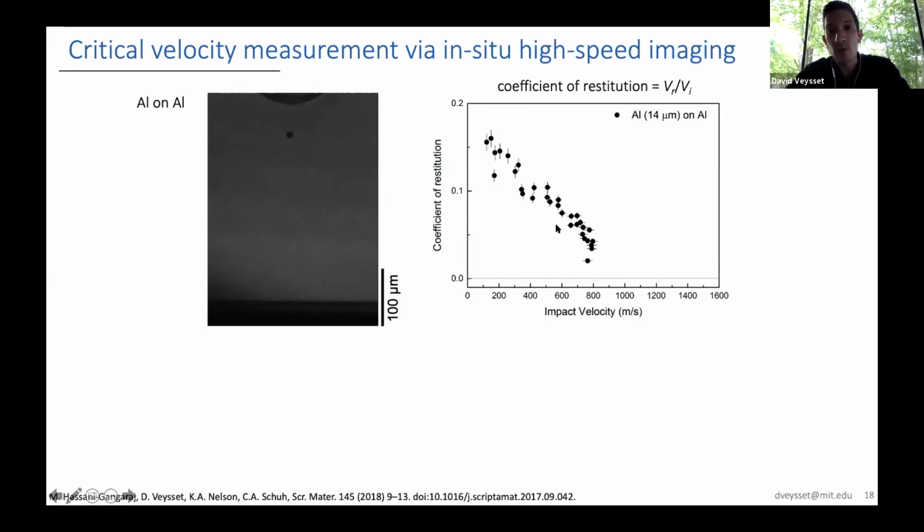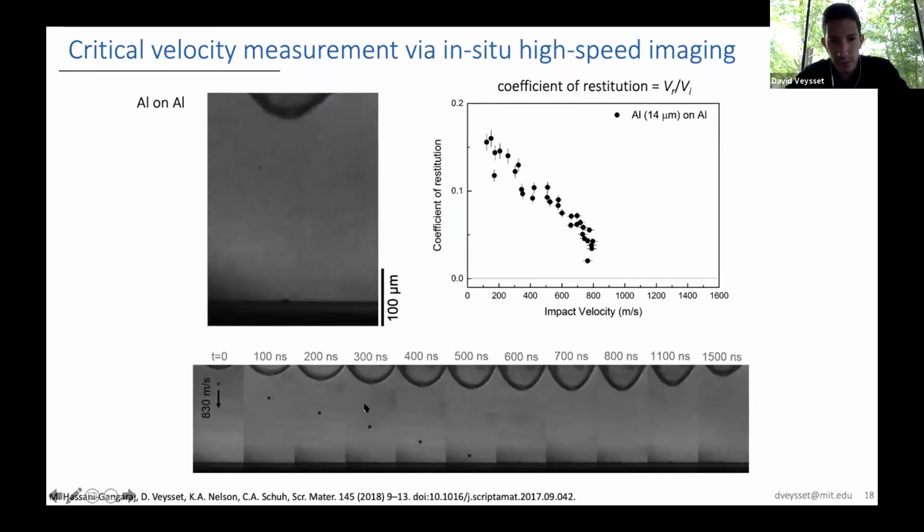As we increase the velocity, we can see a trend toward lower and lower coefficient of restitution, and we approach the zero value. Then we see that as we keep increasing, there's a sharp threshold between which the particle rebounds or bonds, and this is what we identify as the critical velocity.